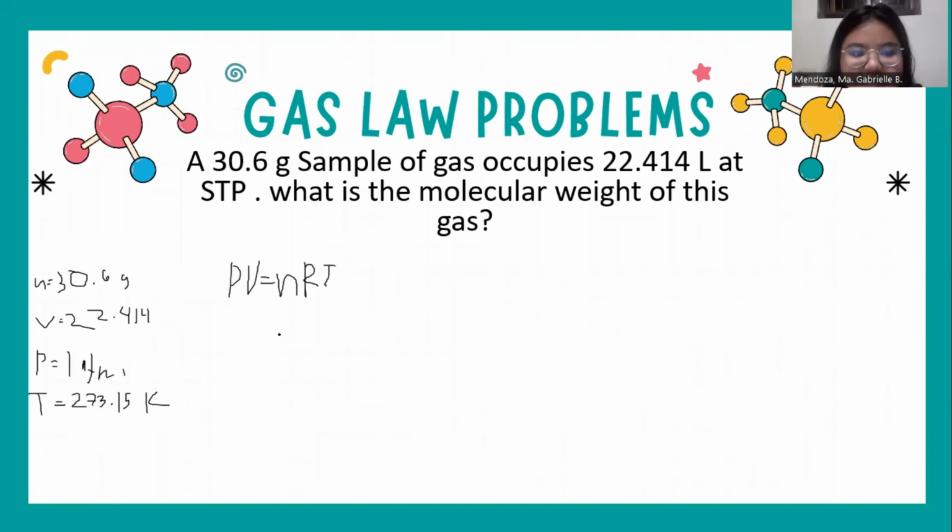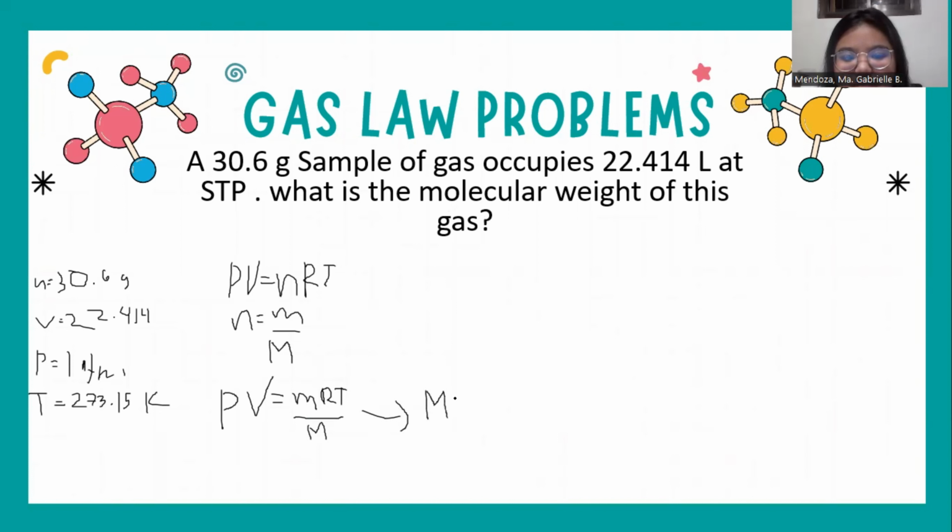We can say that n is equivalent to number of moles, which is mass m over molecular weight, symbolized by capital M. So therefore, PV is equivalent to mRT divided by M. So, since hinahanap natin this molecular weight, i-derive pa natin. So, that would be M equals mRT over PV.